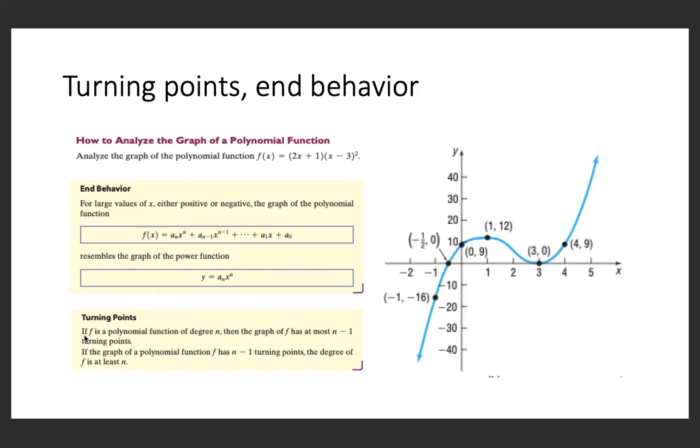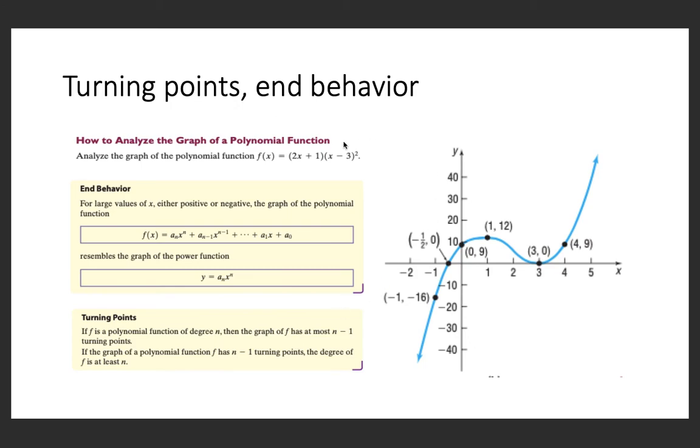If f is a polynomial function of degree n, then the graph of f has at most n minus 1 turning points. That means if the degree of a function is, let's say, 5, then that function will have 4 turning points maximum.